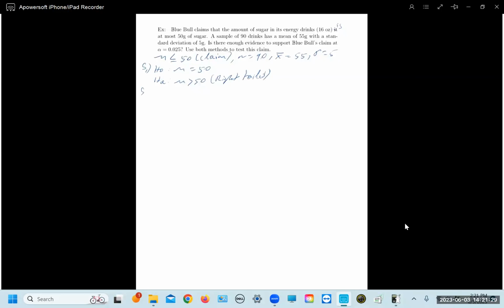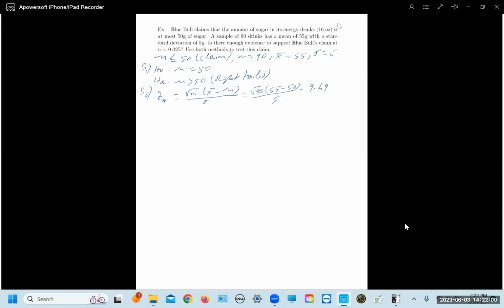So step 2, Z star equals square root of N times X bar minus mu over sigma. So this one is square root of 90 times 55 minus 50 over 5.